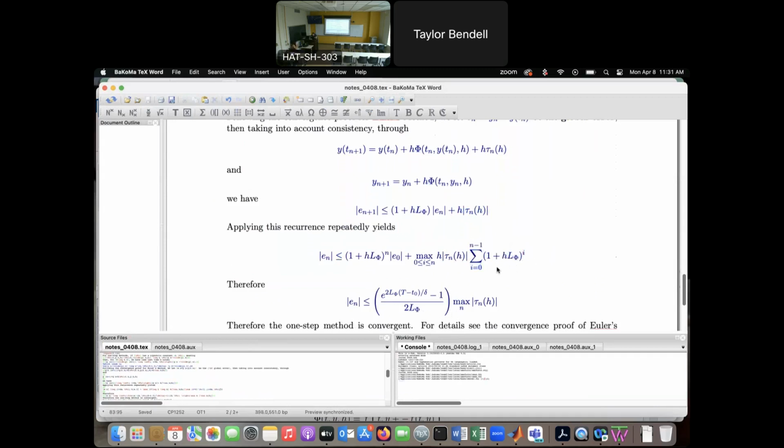If you're not seeing where this comes from, this follows the same steps that I showed in more detail when working with Euler's method. Every time I write En in terms of En minus 1 using this recursion relation, then En minus 1 in terms of En minus 2, you get powers of this factor times this truncation error term every time you expand. That happened in the proof of convergence for Euler's method. So now I have this, but this is a partial sum of a geometric series, and so we use a formula for that.